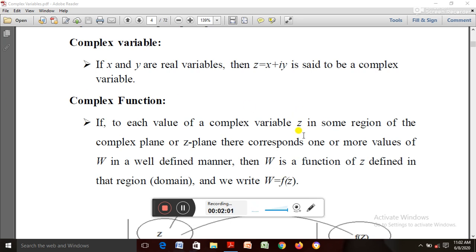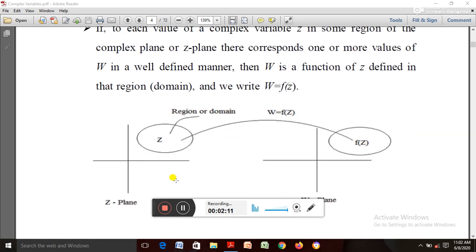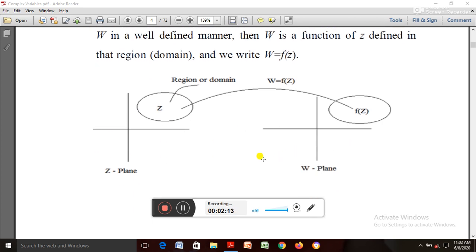So you have given z in some region and w in another region. Both regions can be connected by using the function w is equal to f of z. So this is the z plane, this is the w plane, so it is a region or domain, w is equal to f of z.